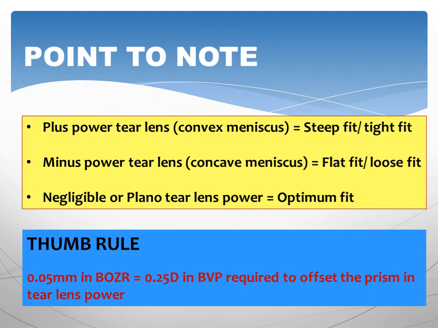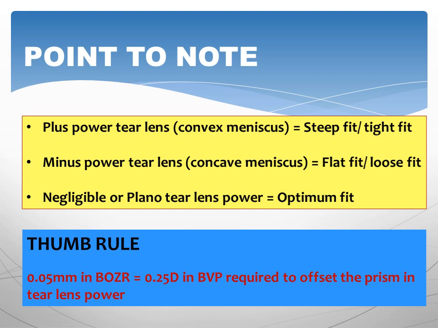So this is a very important thing to understand, that because tear lens is meniscus in shape, so automatically it will have some power in it. It can either be a plus power or a minus power or a plano power. Now plus power comes in tear lens if the contact lens fit over the cornea is a steeper one. So in case of tight fit, what happens? The post lens tear film takes a convex meniscus shape.